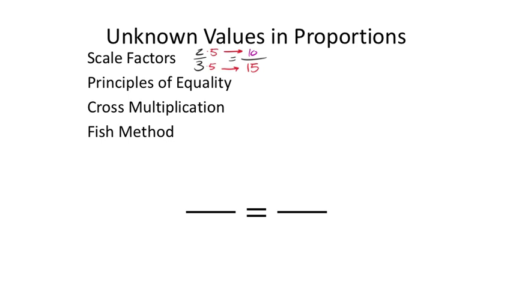The scale factor I used was multiplication, but like we've seen with simplification, you can divide as well. Just remember, if you multiply the top or bottom by a certain value, you have to do the same to the other. Scale factors is related to multiplication and division, so addition and subtraction do not apply.